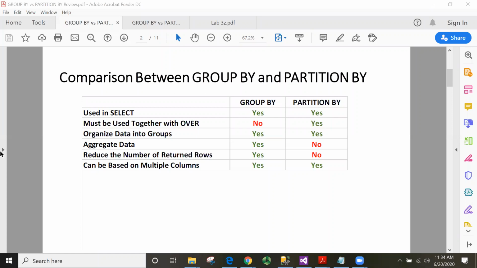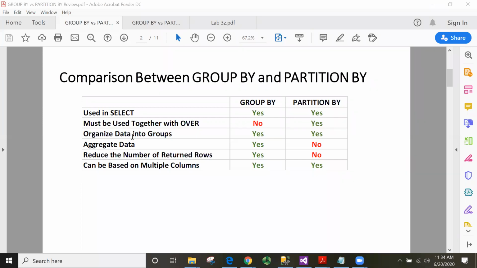Then you will need to get all of your orders and group the orders by month before you can do further data analytics and data analysis, right? So they are both used for organizing data into groups. Okay, keep this in mind.